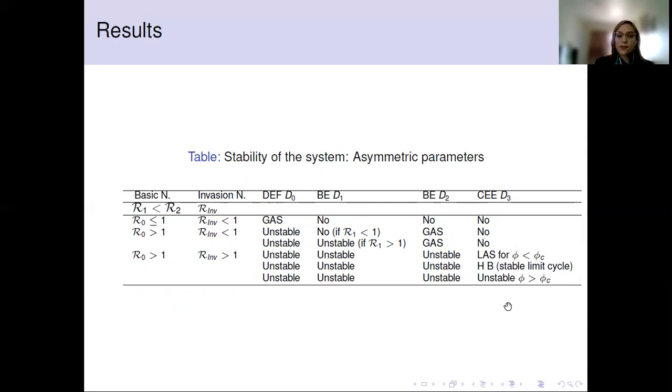We also have results about the stability of the coexistence equilibrium. We show through numerical experiments when the coexistent equilibrium is stable or not. For that, we use the parameter phi, which represents the antibody-dependent enhancement. We use this parameter to study the stability of the coexistence equilibrium.